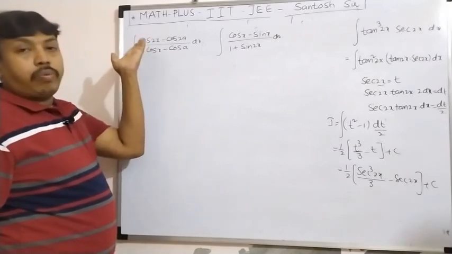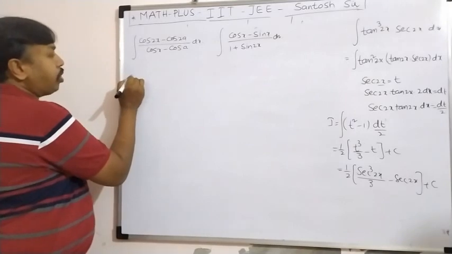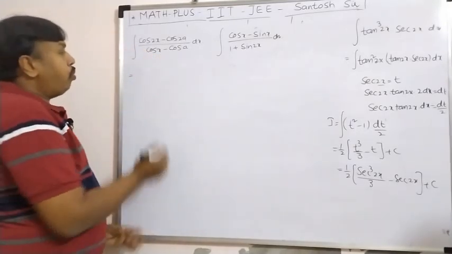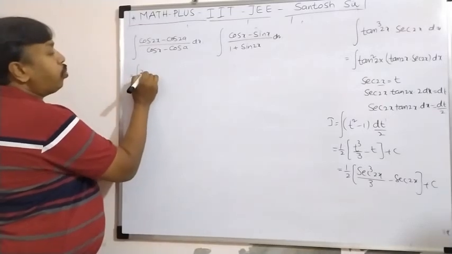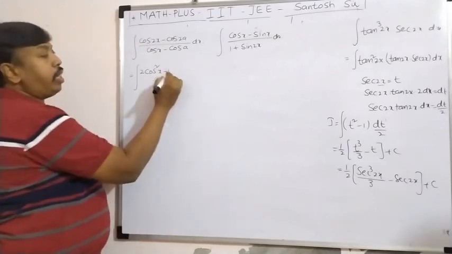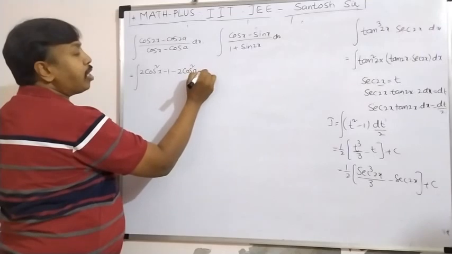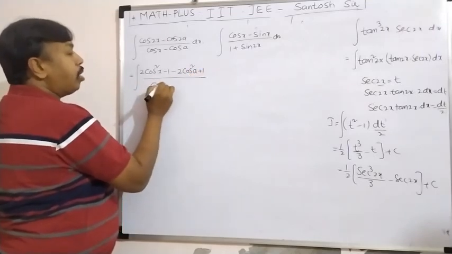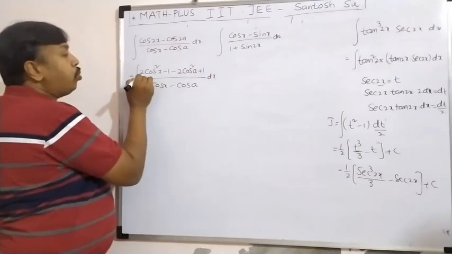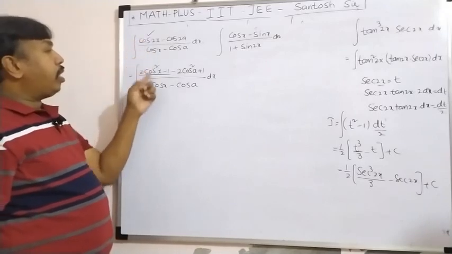So I am going to convert into submultiple, like a multiple angle function can be converted into a linear function, that is cos 2x should be converted into cos x. How? There is a formula, 2 cos square x minus 1. Again the same formula I am going to apply, 2 cos square a minus 1, with minus becoming plus 1, upon cos x minus cos a dx. Understood? So 2 cos square x minus 1 is the formula of cos 2x. I am applying it here as well as here.